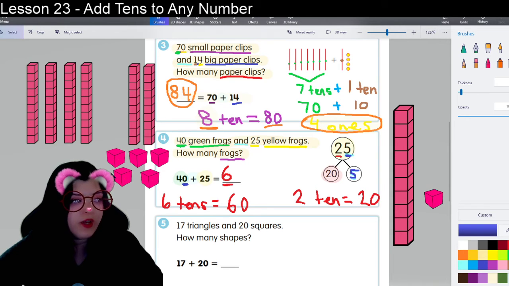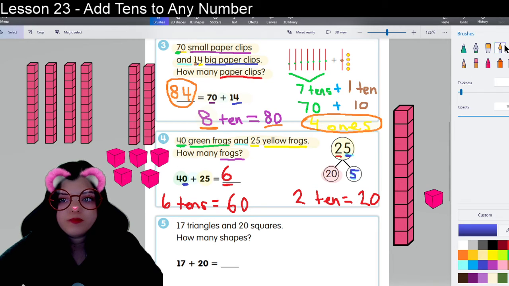How many ones do we have? Let's count. 1, 2, 3, 4, 5. There are 5 ones, which makes the number 65. And we can check our work by counting up.